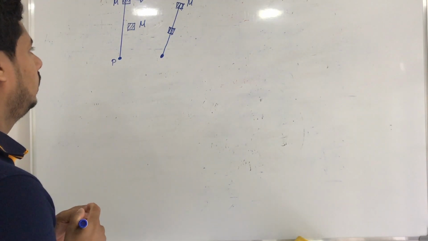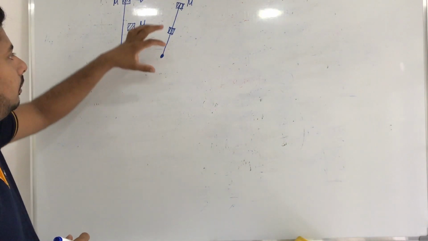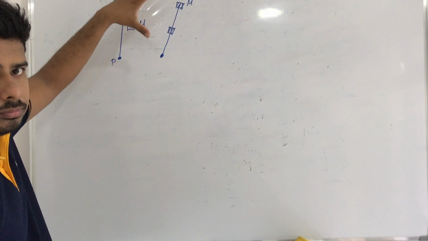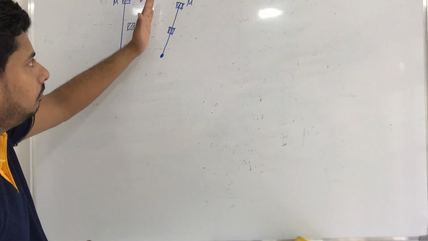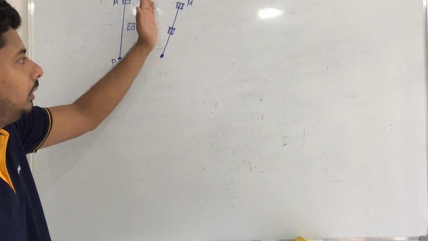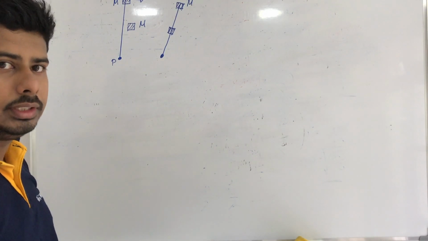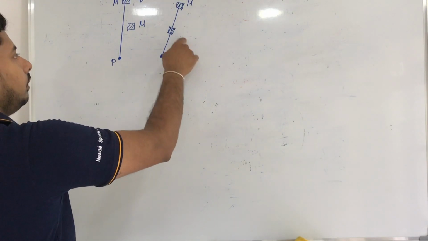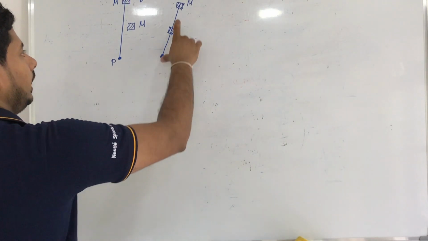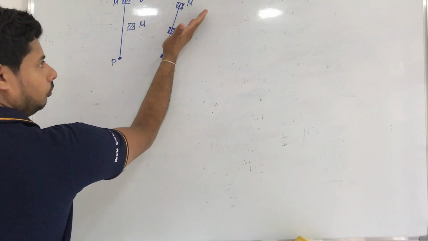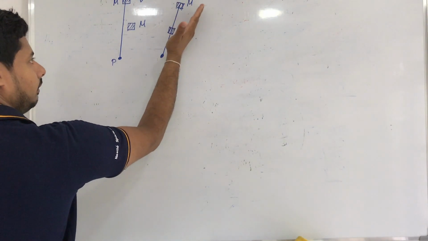Both of these are attached to the same rod. That means both of these capital M's should experience the same angular velocity after the collision. Their linear velocities can be different, but their angular velocity must be the same, because both will move together like this.